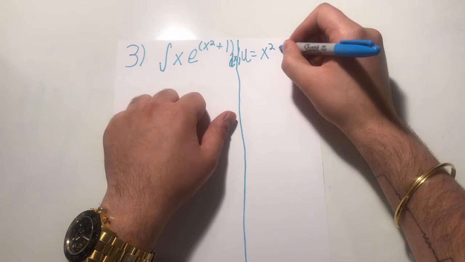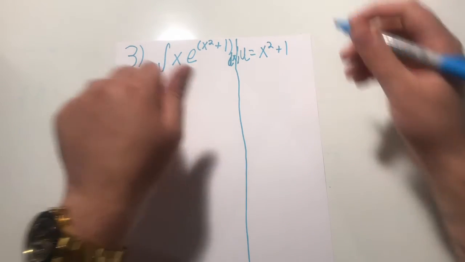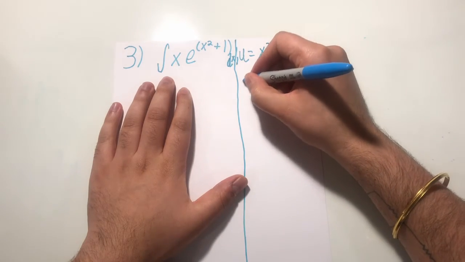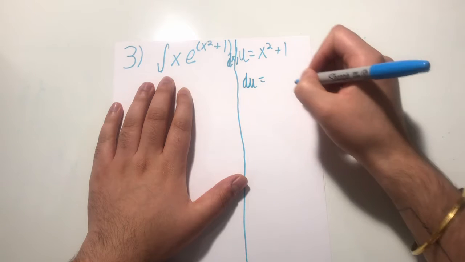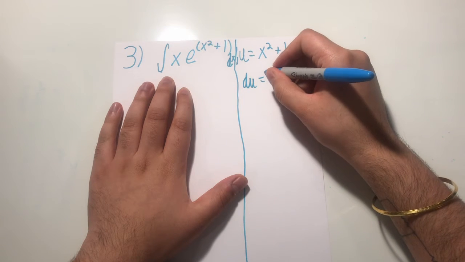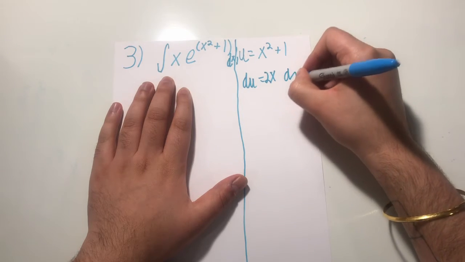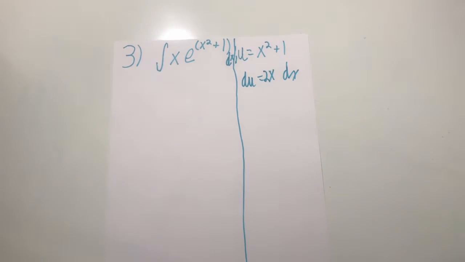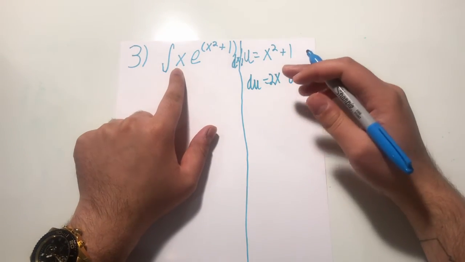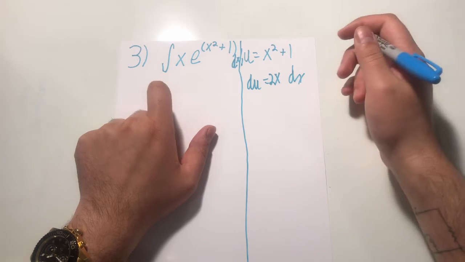What's going to be our du then? Well, let's take the derivative. du is equal to 2x times dx. Now, it's not exactly what we need, right? Imagine we were to replace this thing with u.